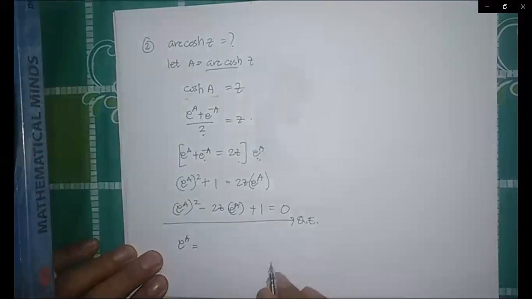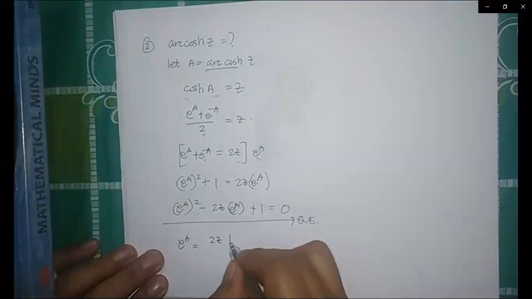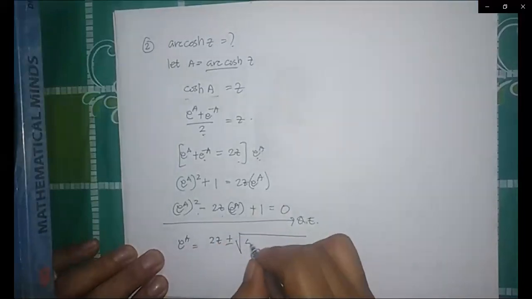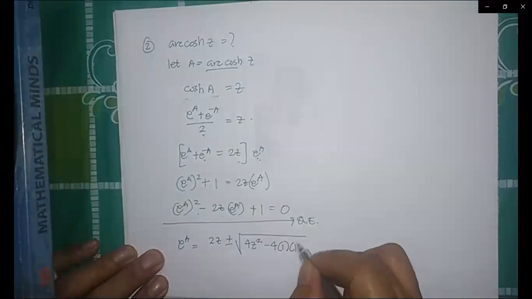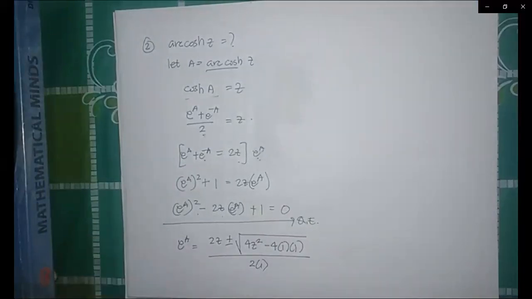Now, to solve for e raised to a, that is just the negative b, which is 2z, plus or minus the square root of b squared, that is 4z squared, minus 4 times a times c, all over 2 times a.